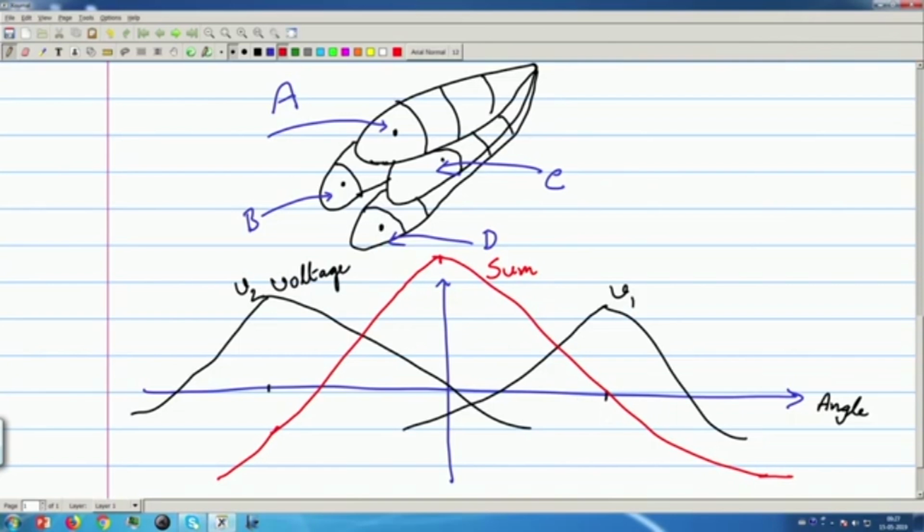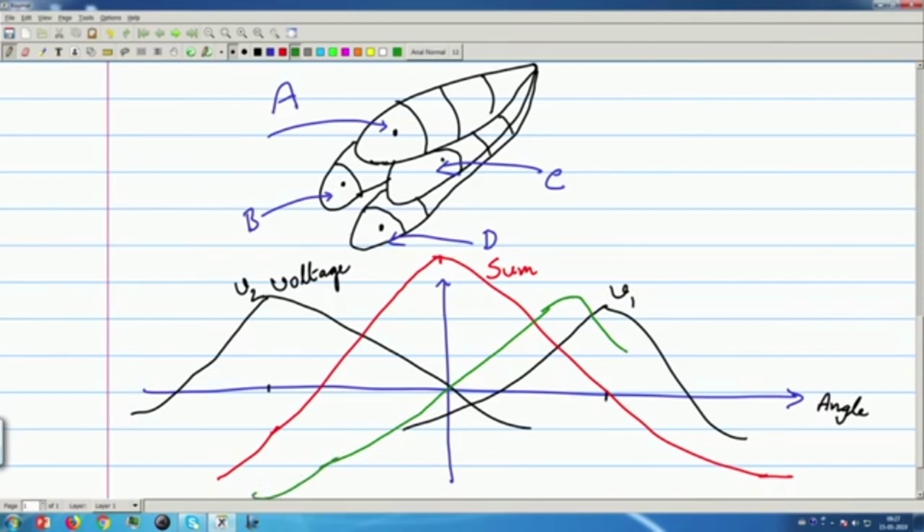But what happens to the difference? If we take the difference, surprisingly the difference is linear, but the difference again has a peak here.